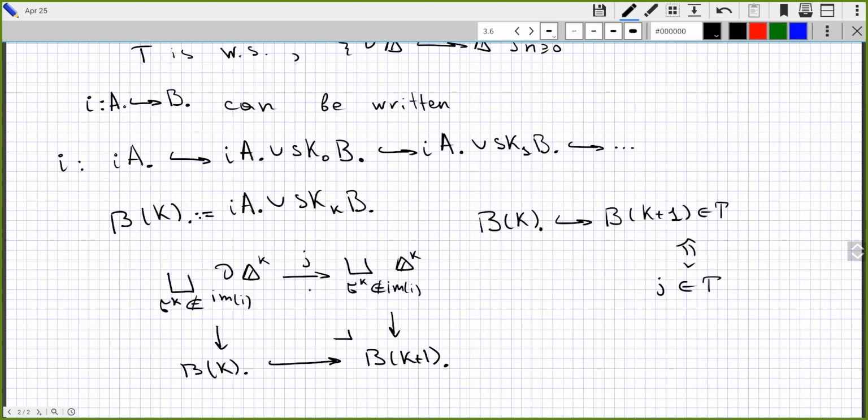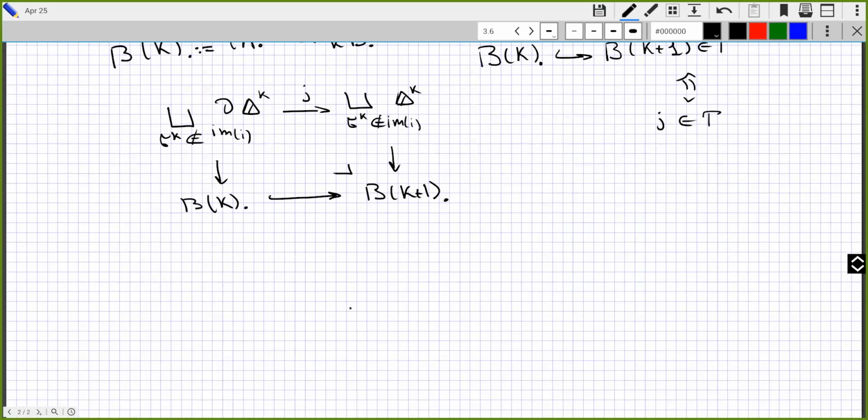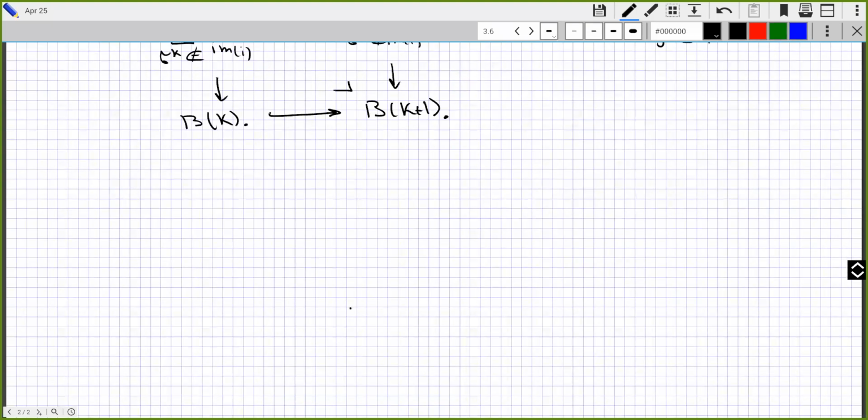I think that is easy to see, but a bit technical to prove, and it's quite a depressing thing to prove something fundamental in semi-simplicial sets. So we just stop here.